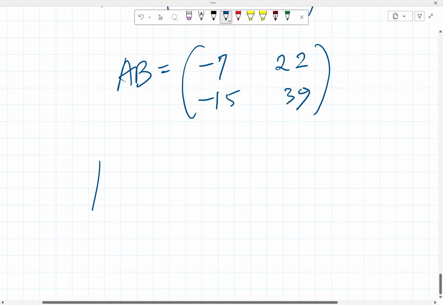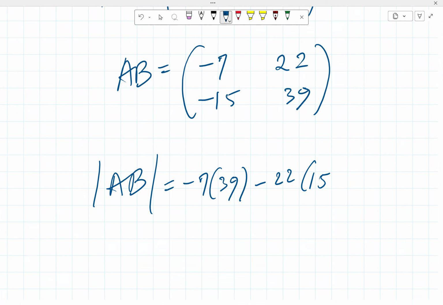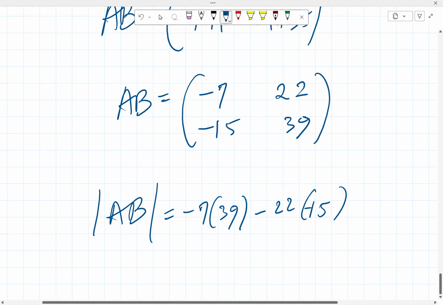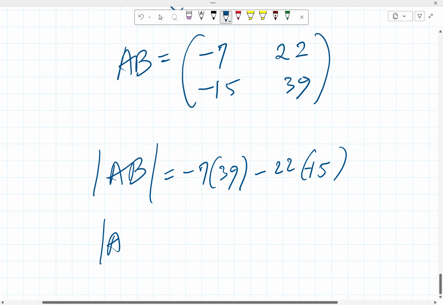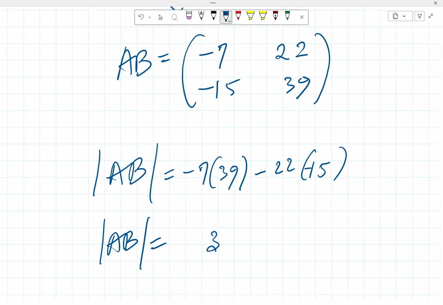So the determinant of AB now will be minus 7 times 39, minus 22 times minus 15. So that's 7 times 9 is 63, that's 7 times 3 is 21, that's minus 273, I believe. Then plus 22 times 15, that's like 11 times 30.